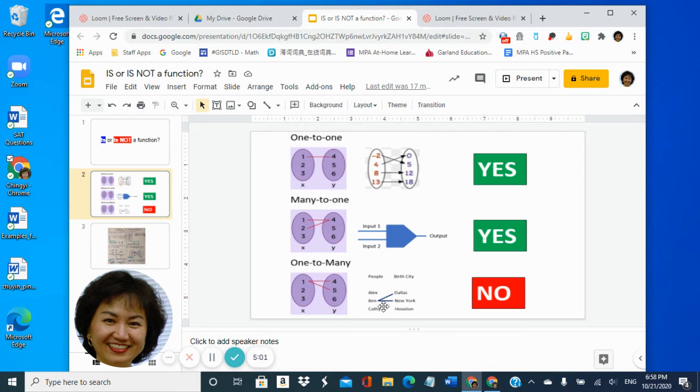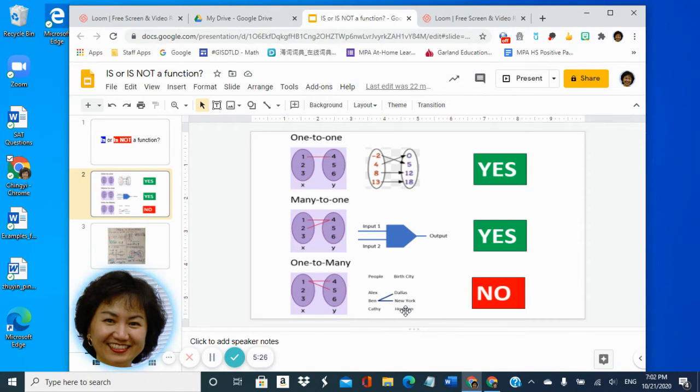That is okay. But look at this example. Ben was born in Dallas, and also Ben was born in New York. We know that's not right. So one-to-many is not a function.